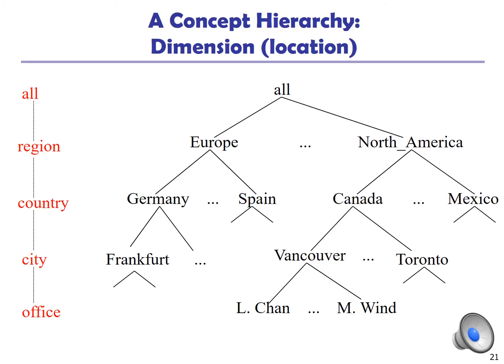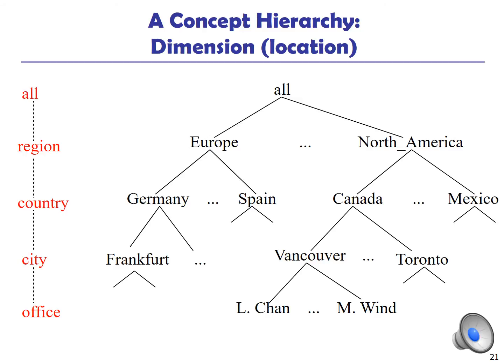Okay, so if you look at it, your apex cuboid contains all of them together, complete summarization, and at the base level we started from city, and the office locations, where they are located within a given city.